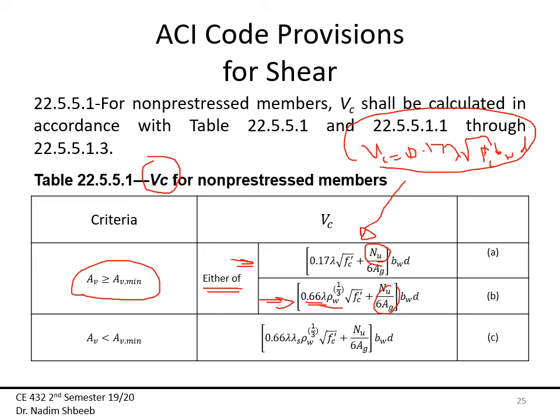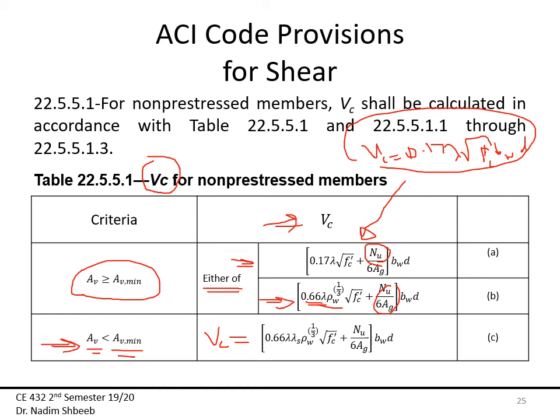So usually we used to call these the equation for Vc when reinforcement is required. In the area where reinforcement is not required, meaning that Av is less than Av minimum, which means it could be 0 and I'm not going to use any reinforcement, then the strength of Vc is going to be this equation.